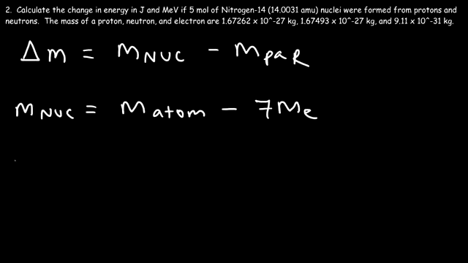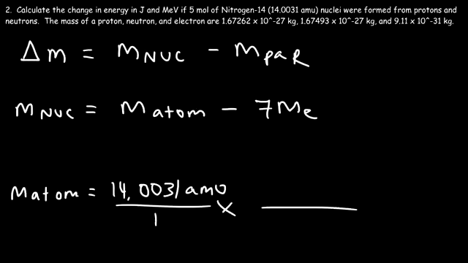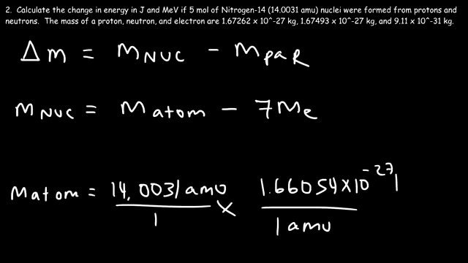Now let's calculate the mass of the nitrogen atom. So we're given the mass in atomic mass units. So that's 14.00318 amu. Now based on our last problem, we know that one atomic mass unit is 1.6605 times 10 to the negative 27 kilograms.